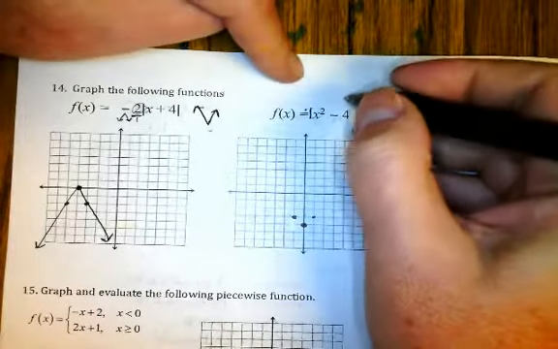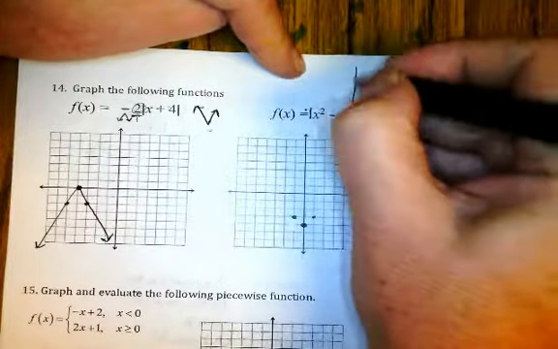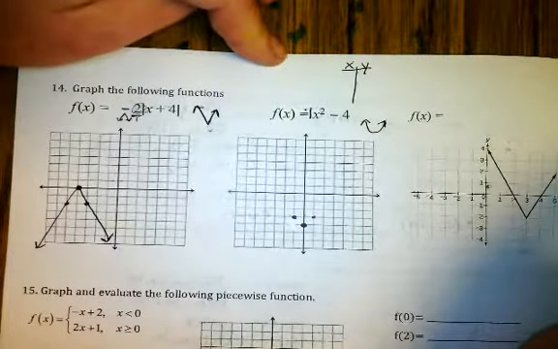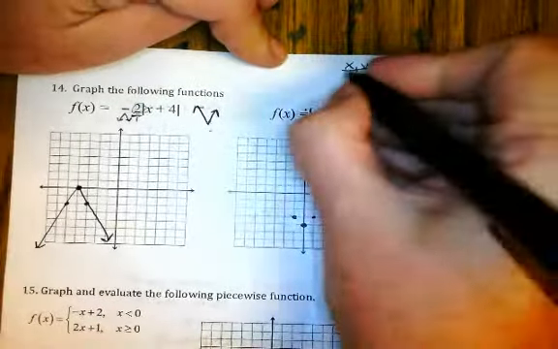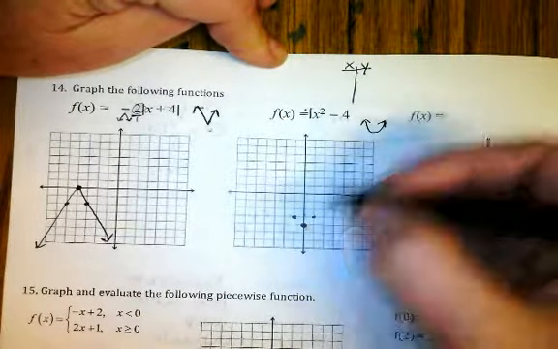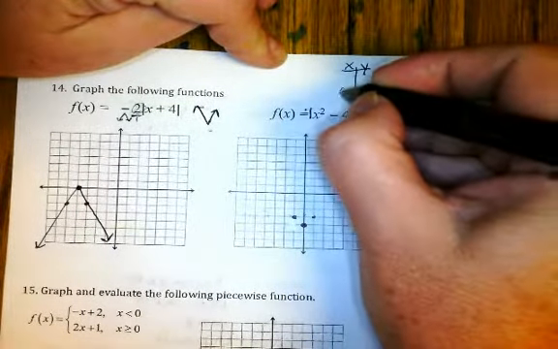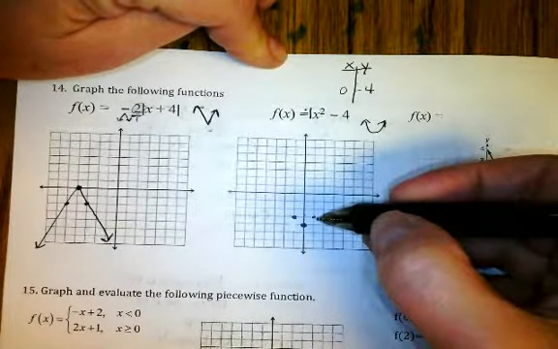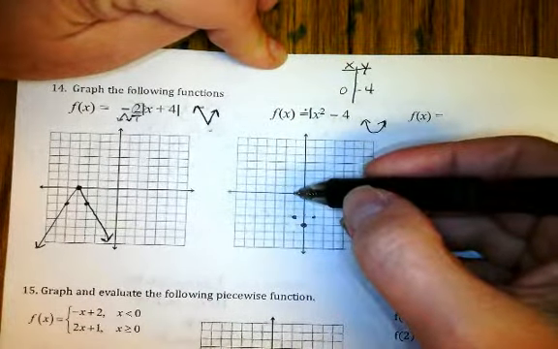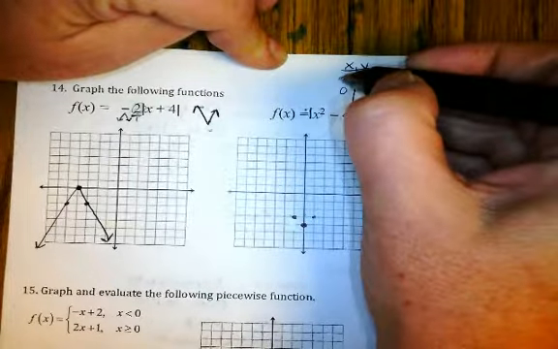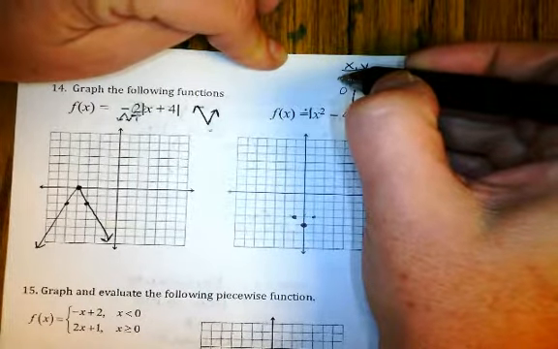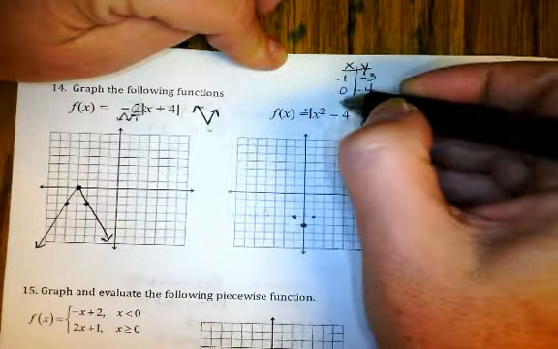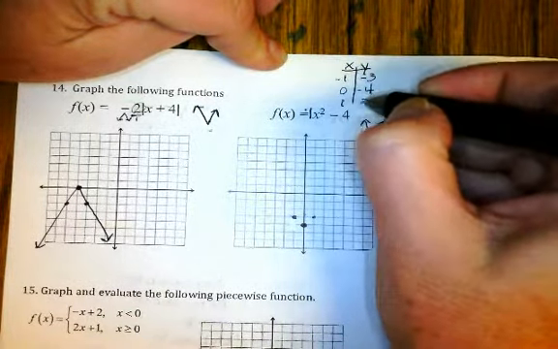I could also solve this if I wanted to, or create a table of values. So if you're having trouble with the graphing, think about putting in a table of values there. If I wanted to, I know there's going to be a point at 0, -4. Okay, I put a point at -1, -3, and I put another point at 1, 3.